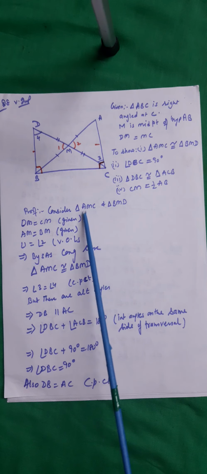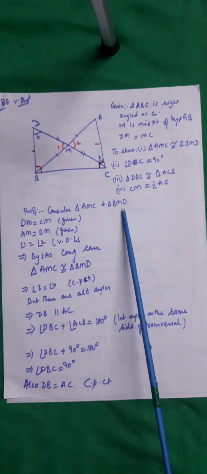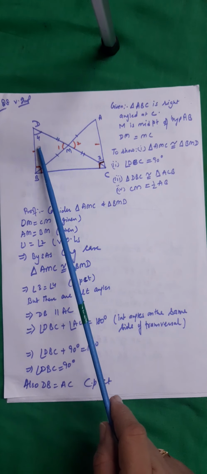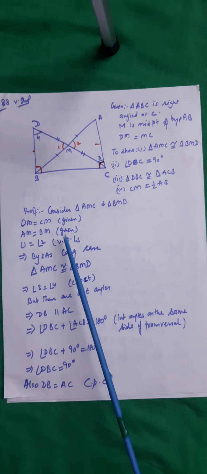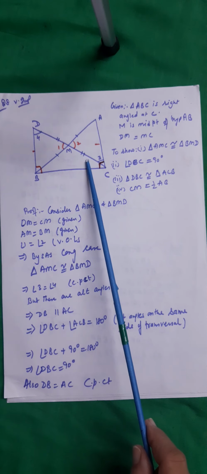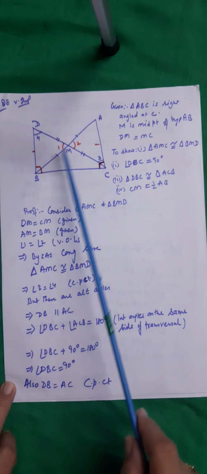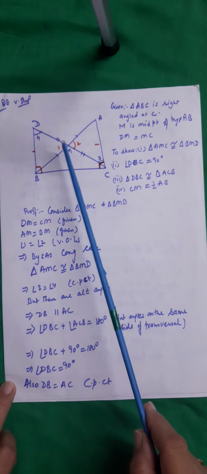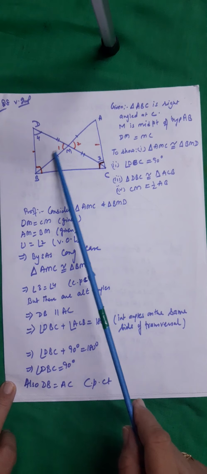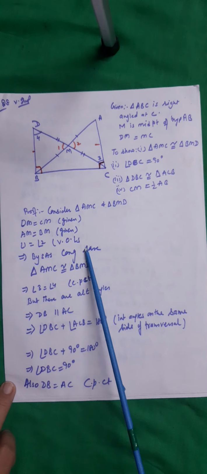So here first we consider triangle AMC and triangle BMD. These two triangles, they can be considered. In these two triangles, DM is equal to CM and AM is equal to BM, and angle 1 is equal to angle 2, vertically opposite angles.